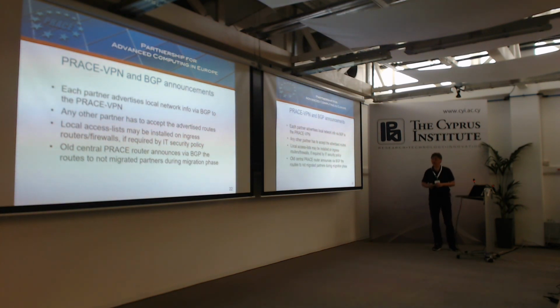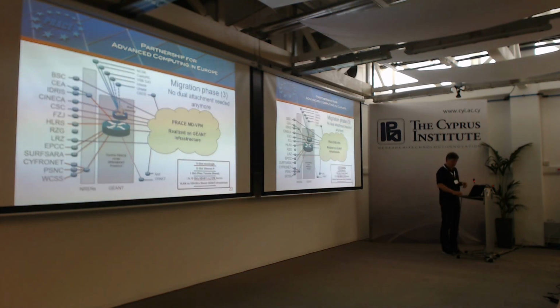The old central router knows via BGP the routes to the not migrated partners during the migration phase. So at the end, we have this. We have the connectivity here between the old infrastructure and the new one. For example, let's say CaSToRC sends packets in here. And you see on this slide that the new partners which migrated already don't have a link to the old infrastructure anymore.